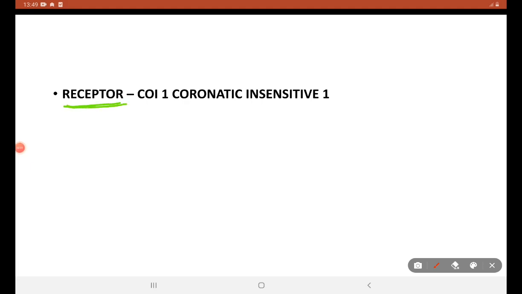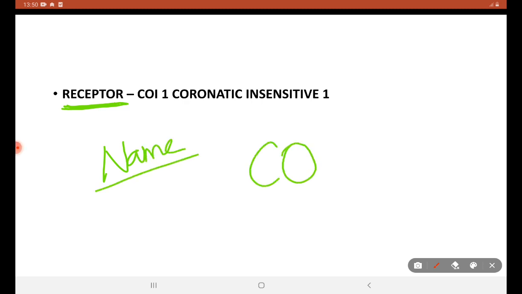Receptor: now we are going to see the name of the receptor. It is COI1, that is coronatine insensitive 1.